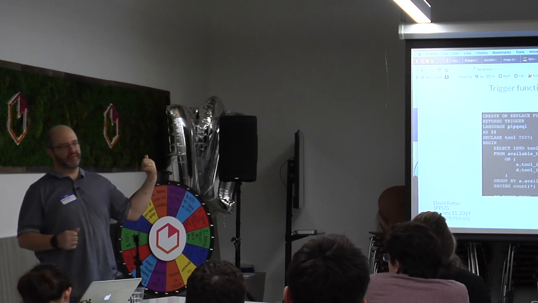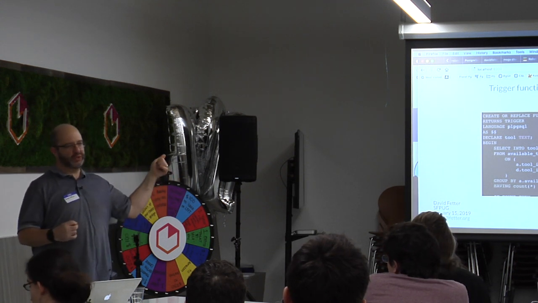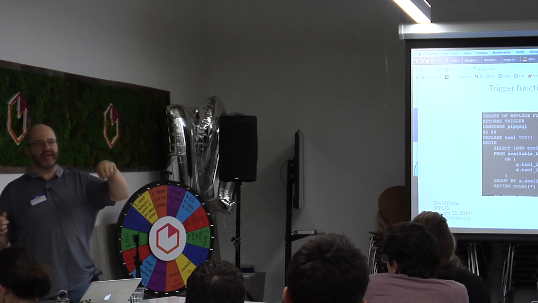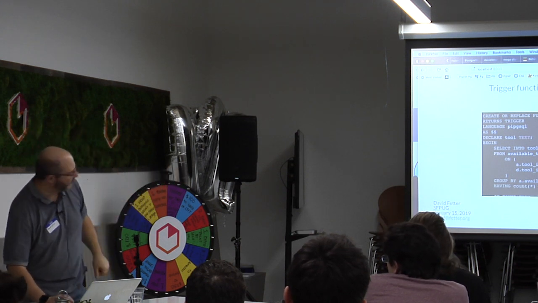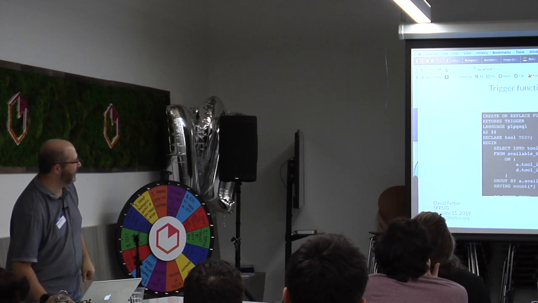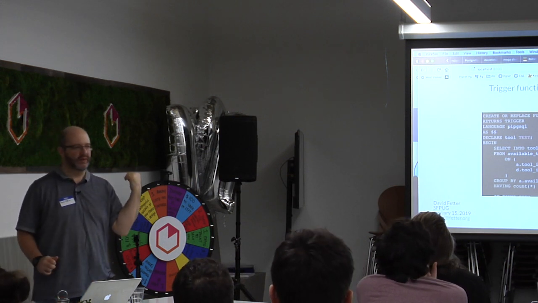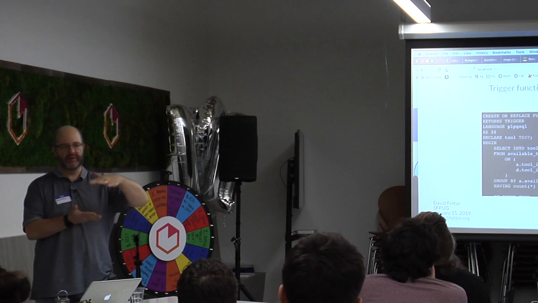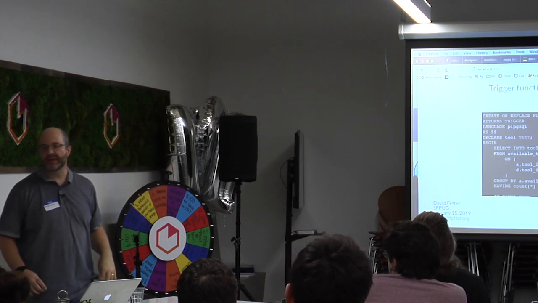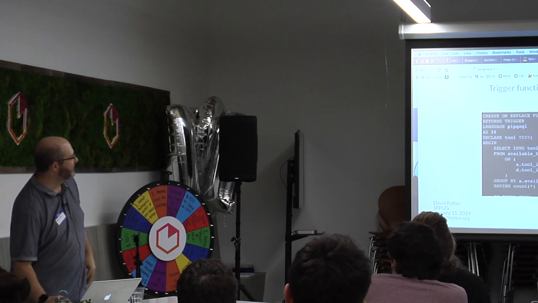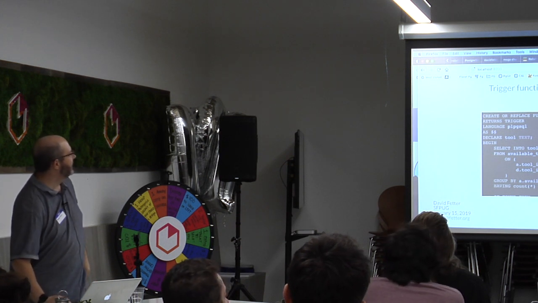In Postgres, you create a function which returns trigger, and then you create triggers off of the function. I know that can be a little confusing. I think the idea was that you should be able to write a function that does many different triggers, depending on where it's at. So they wanted to decouple those things.